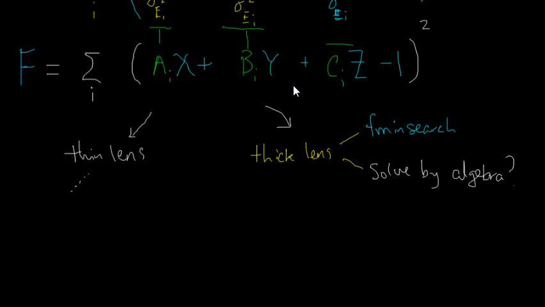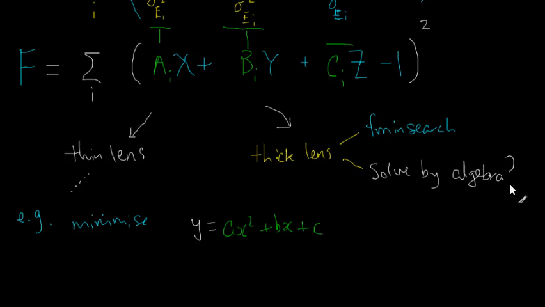Now, to see whether we can actually solve this by algebra and to see what it means, I'm just going to take a look at an example, to get some idea. So, for example, let's say we want to minimize this expression: y is equal to ax squared plus bx plus c. Let's say I want to minimize this.